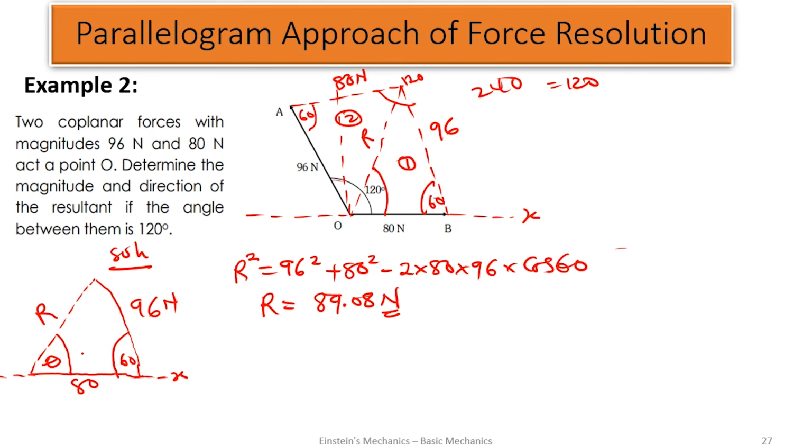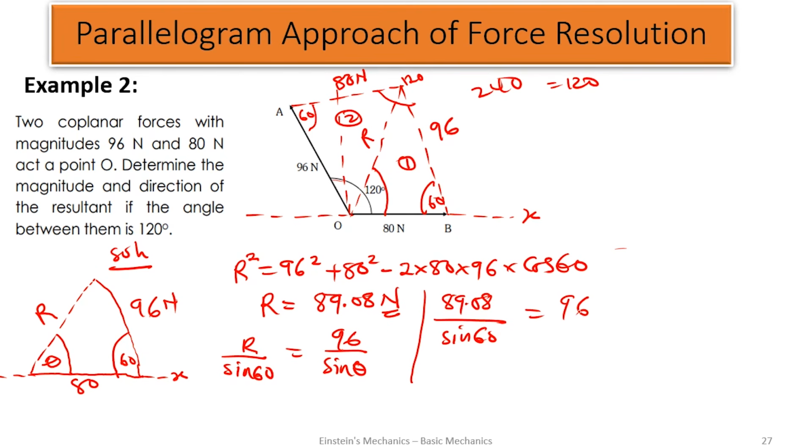So with this, we can also use the sine rule to solve. So we can say that for the angle, R is opposite to sine 60, which is equal to, we also have a 96 here, is opposite to the theta we are looking for, sine theta, which is the same here. We know our R to be 89.08 over sine 60.